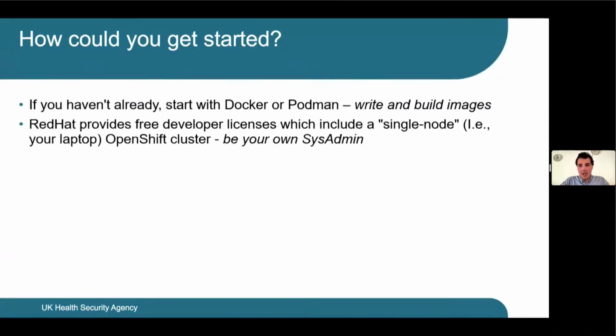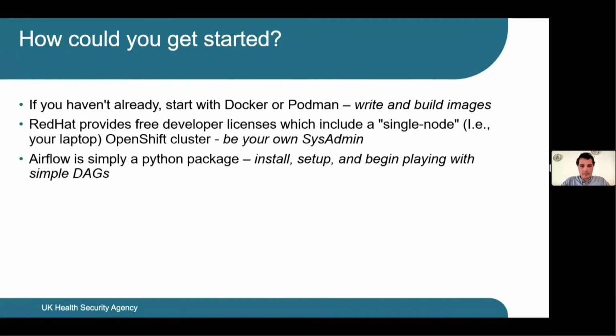Now, Red Hat, with its commitment to open source, provides these free developer licenses, which means that you can have your own OpenShift cluster on your laptop, which is the perfect way to get started with learning how Kubernetes works itself, with these user-friendly, easy to get started add-ons that the OpenShift flavor of Kubernetes provides.